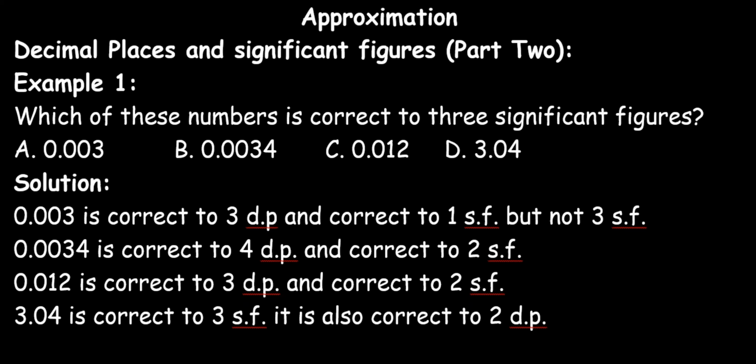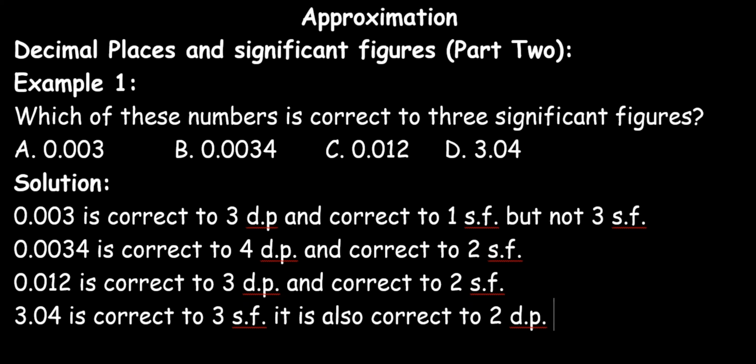In 3.04, the first non-zero digit is 3, then we have 0 after the decimal, then we have 4. Once you have noticed your first non-zero digit, you start counting from there: 1, 2, 3. So there are 3 numbers, and that's why it's correct to 3 significant figures.